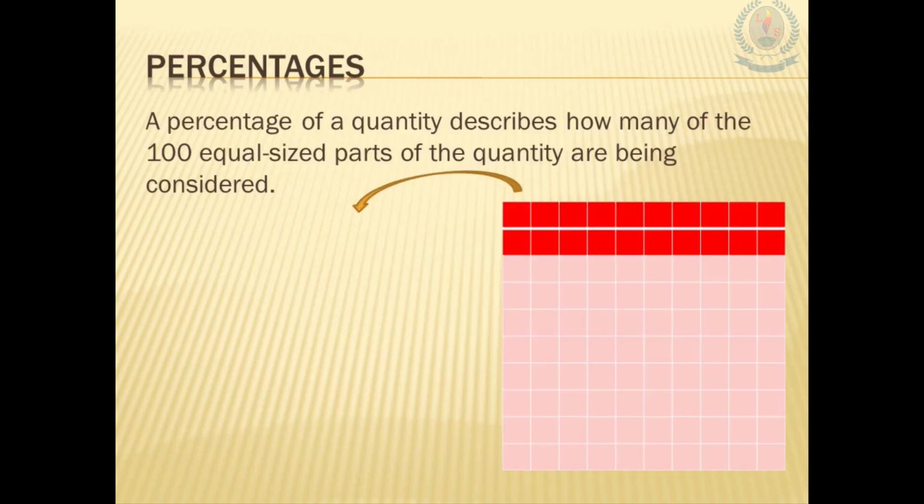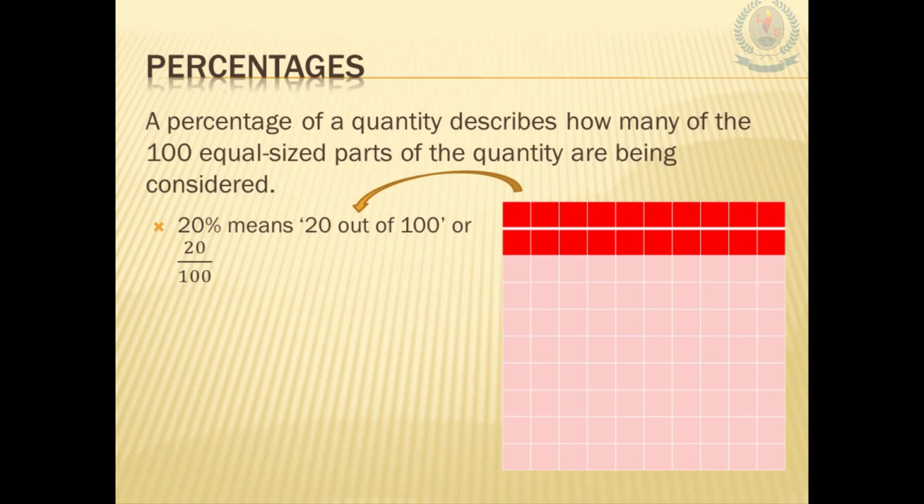Percentages. A percentage of a quantity describes how many of the 100 equal sized parts of the quantity are being considered. For example, we will take one figure with 100 equal parts. If I shade 20 of them, you can tell 20 out of 100 are shaded, or you can tell it as 20% of them are shaded.